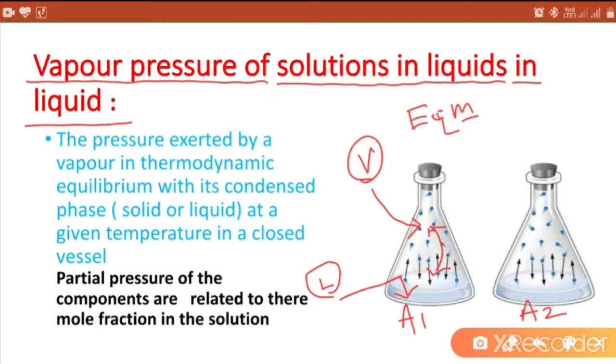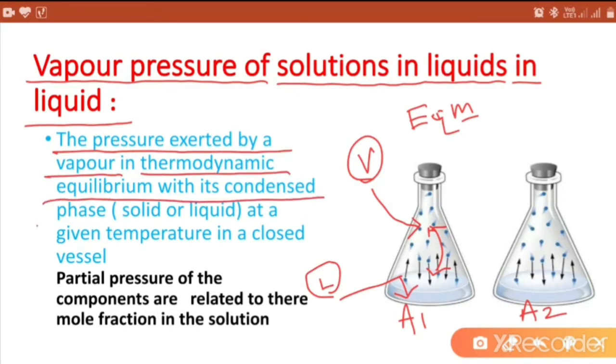Vapor molecules exert pressure on the liquid and liquid molecules exert pressure on the vapors. This pressure exerted by vapor in thermodynamic equilibrium with the condensed phase, solid or liquid, at a given temperature in a closed vessel is called the vapor pressure of that liquid.